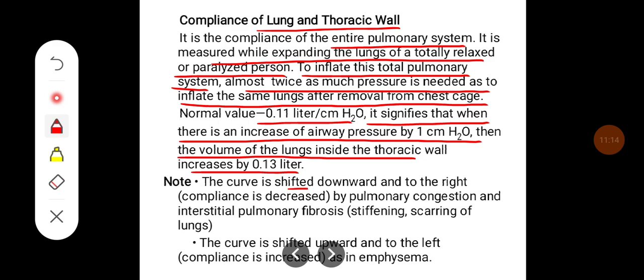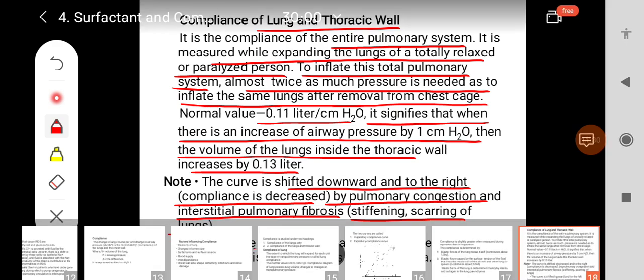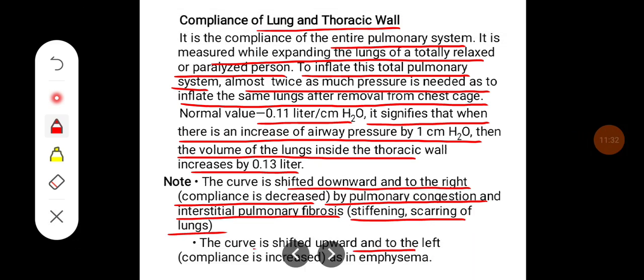Note that the curve is shifted downwards and to the right, that is, compliance is reduced by pulmonary congestion and interstitial lung fibrosis or pulmonary fibrosis, where there will be stiffening and scarring of the lung tissue. The curve is shifted upwards and to the left in emphysema, where the compliance is increased.